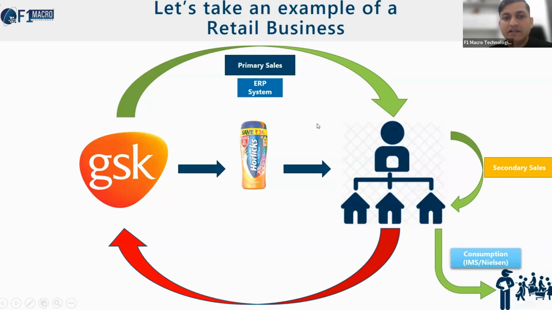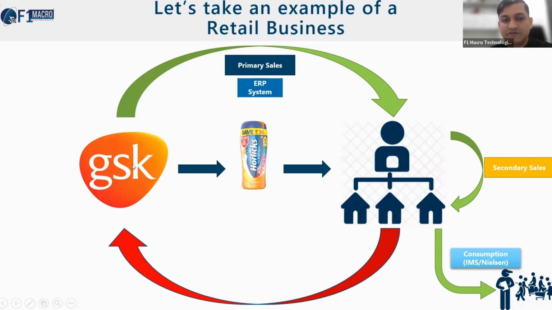So for example, if Alicia is a data analyst, and my manager asks, Alicia, can you provide me how much the distributor has sold to that particular store, what is the current inventory with that particular distributor, and how much quantity has been sold to the stores?